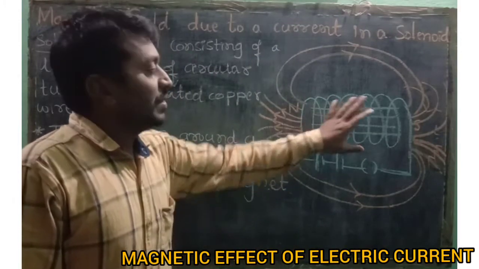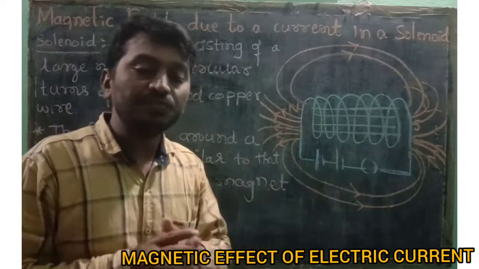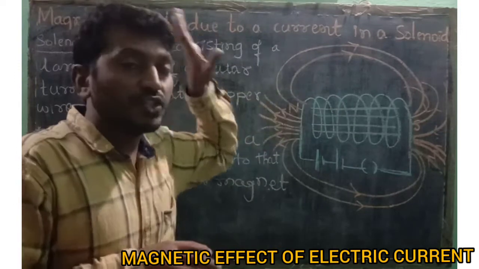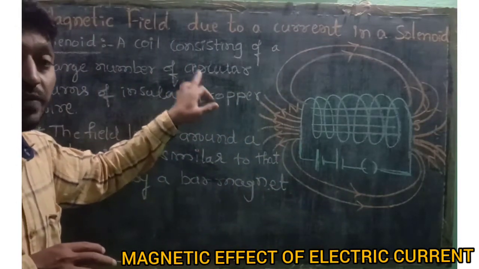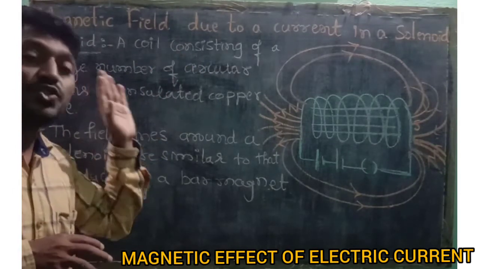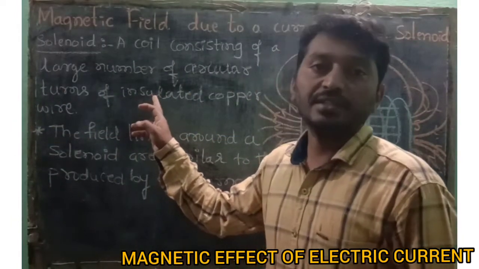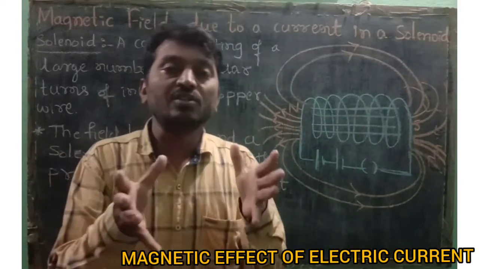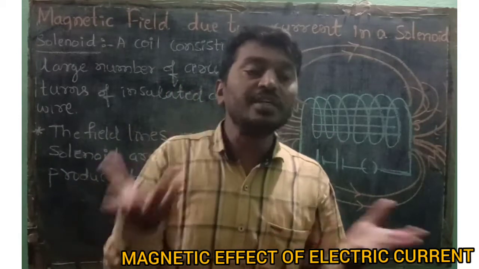Solenoid means a coil consisting of a large number of circular turns of insulated copper wire. Is it clear, my dear students? Just simple, it's a coil consisting of a large number of circular turns of insulated copper wire.